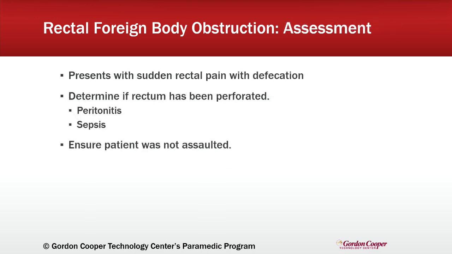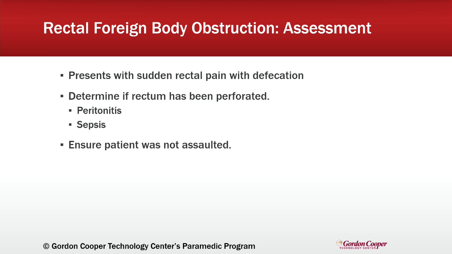If it's a foreign body and it comes from the upper GI tract, you might see sudden rectal pain when they're trying to defecate. And you may even have some peritonitis if the rectum has been perforated. So if there's a perforation there, it's going to lead to peritonitis.